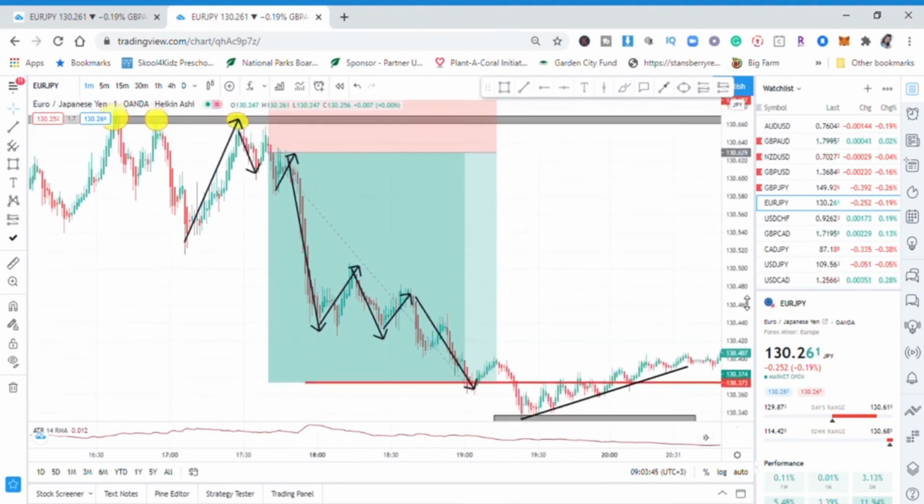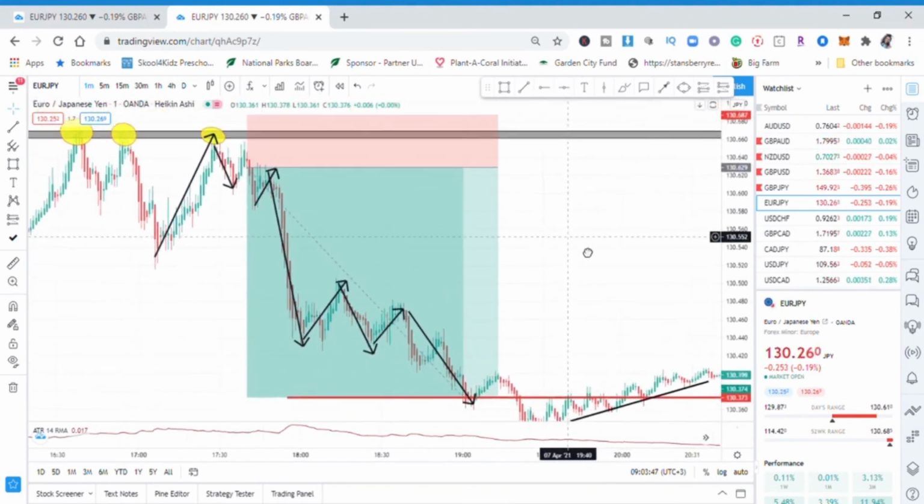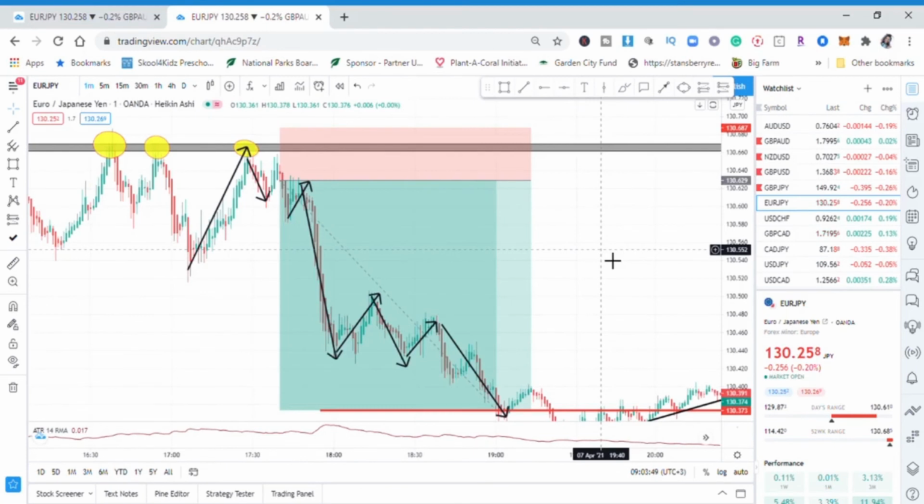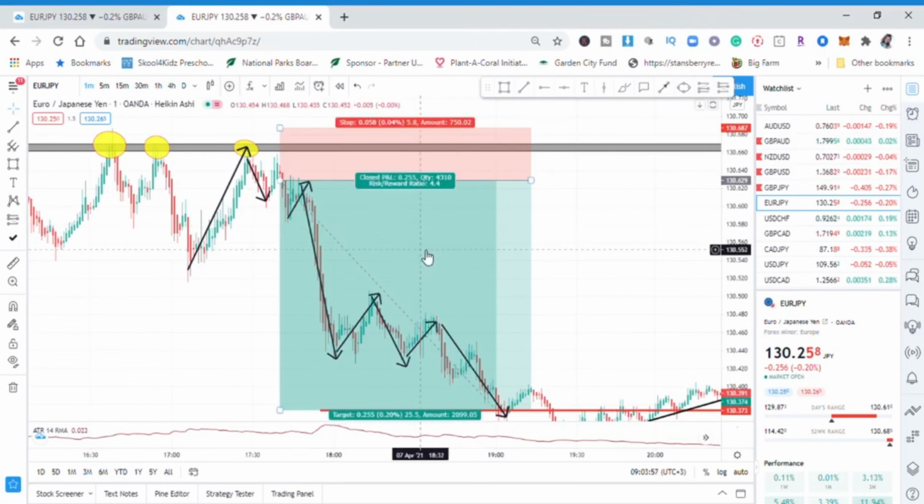So guys, to just tell you about this strategy, it doesn't require indicators, it doesn't require moving averages. All it requires is you to understand the power of high highs, high lows, and low lows and low highs. That's all you need to understand.